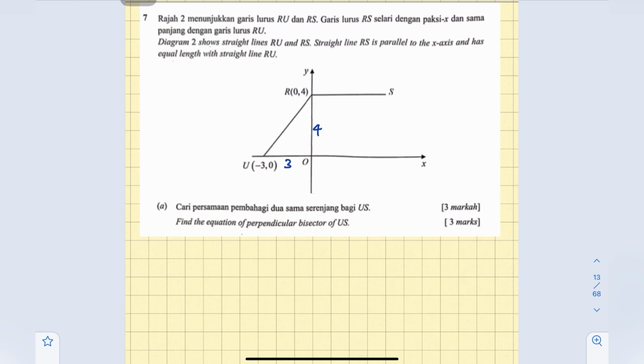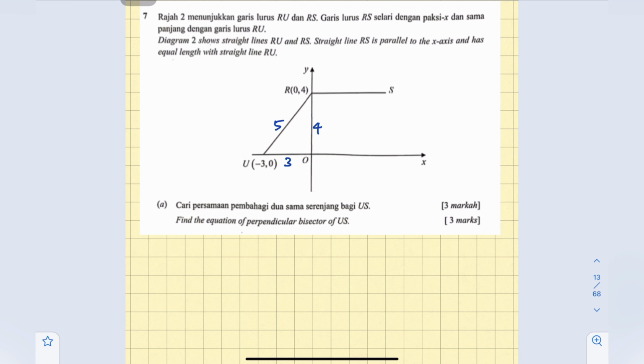So by using Pythagoras theorem, distance RU is 5. Okay, so then given RS is parallel to the x-axis and has equal length to RU, so the length is 5. So we can find S is 5 with the same y coordinate, which equals 4.